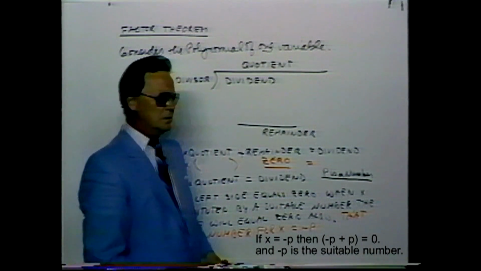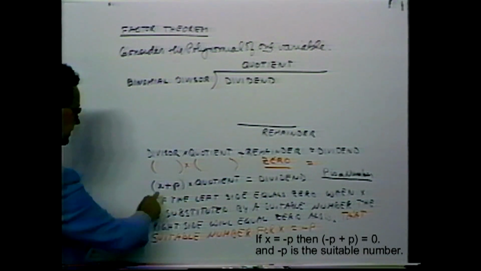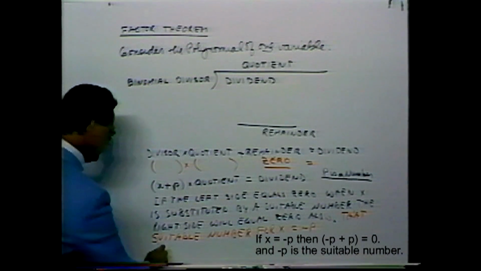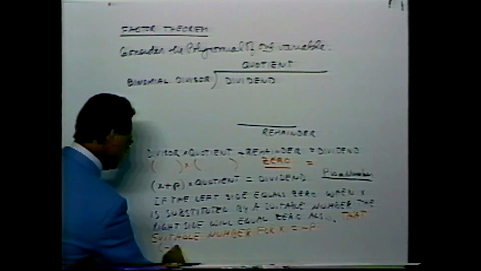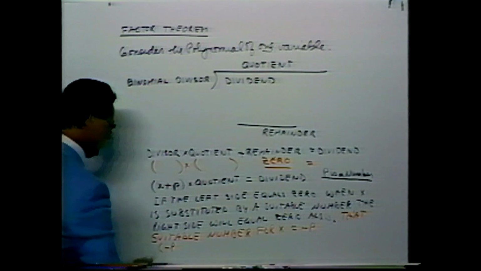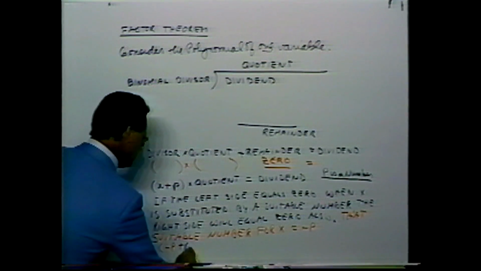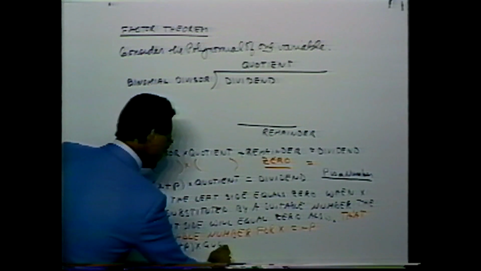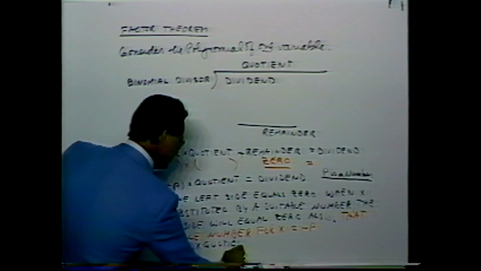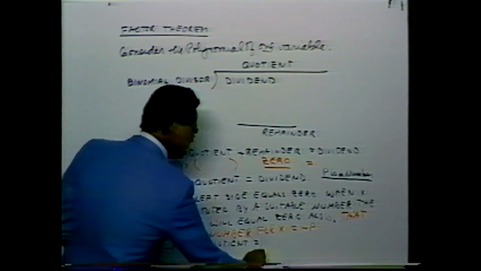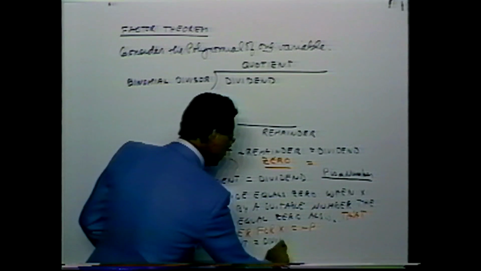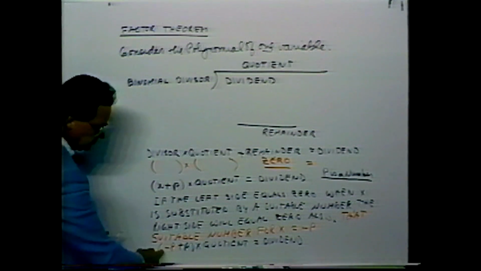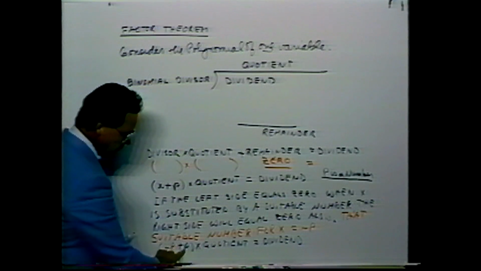Well, how is this true? Well, if you take minus p and put it where x is, minus p plus p times the quotient equals the dividend, it's easy to see that negative p plus p equals 0.